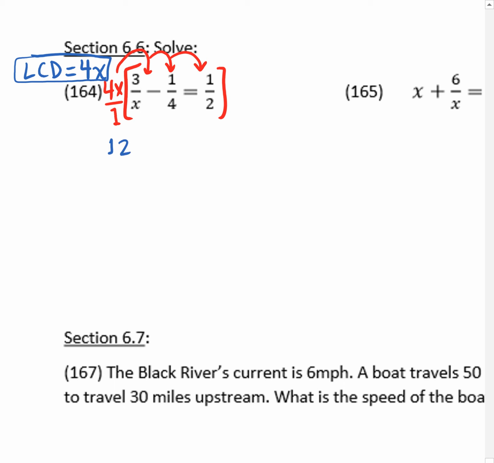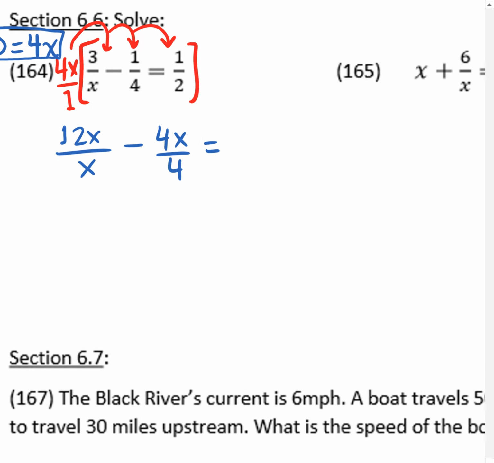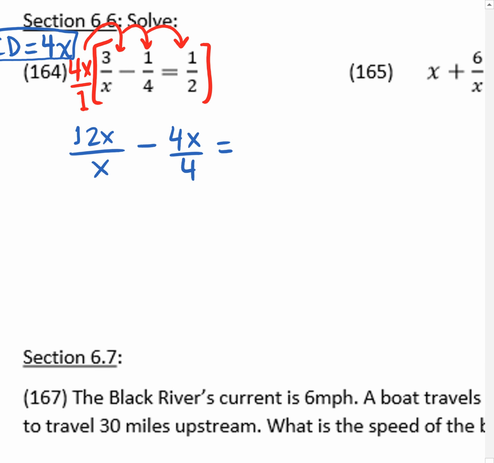That'll become 12x over 1 times x is just x. And then for the second fraction, I'm multiplying 4x over 1 times negative 1 over 4. That's going to be a negative 4x over 4. And then on the other side of the equation, I'm multiplying 4x over 1 times 1 over 2. That'll become 4x over 2.